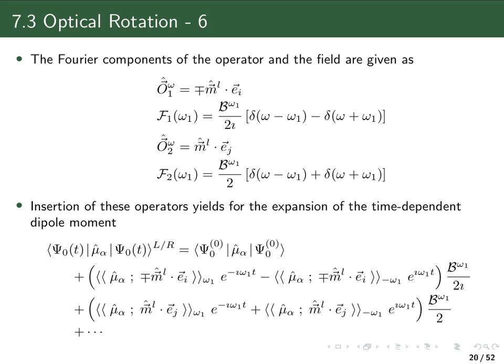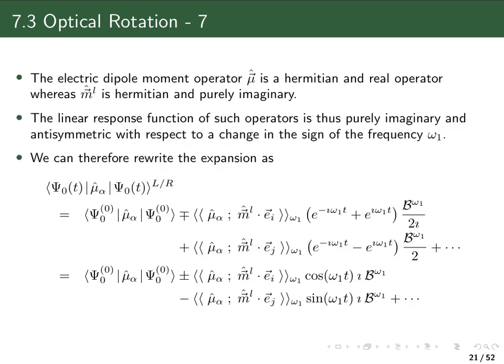Now making use of the symmetry properties of response functions, and here we have a response function with a real and a purely imaginary operator, the symmetry relation with respect to a change of the sign of the frequency, we can combine this together in one response function and accordingly change the signs of the exponentials, which gives us this expression here.